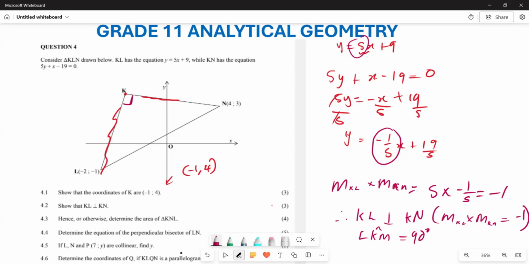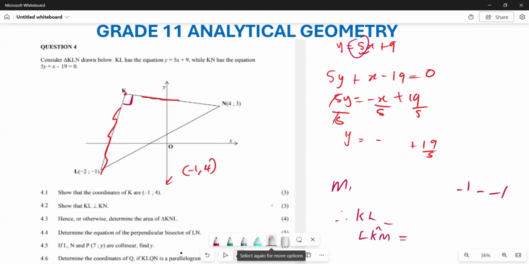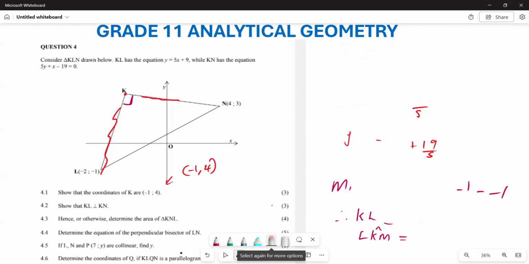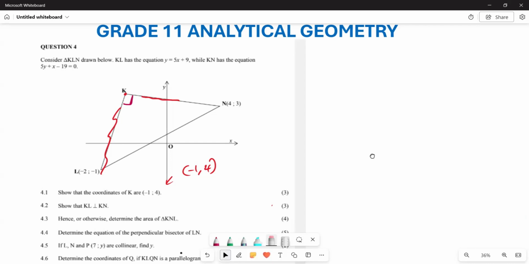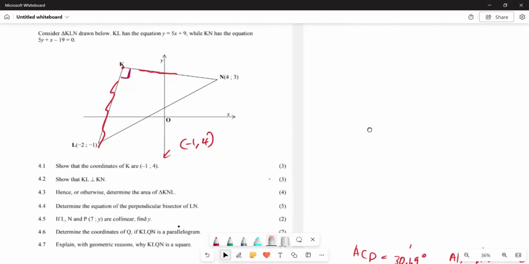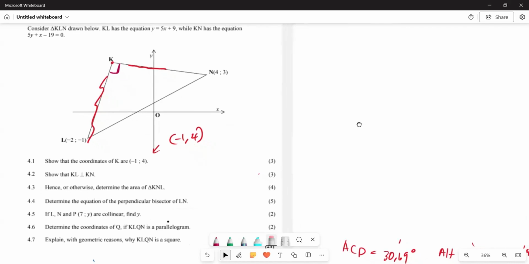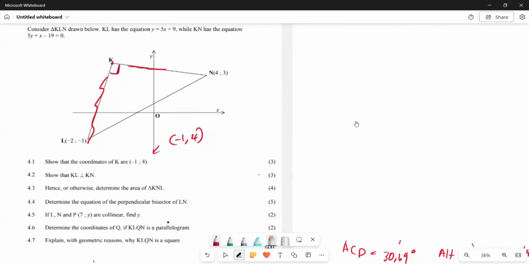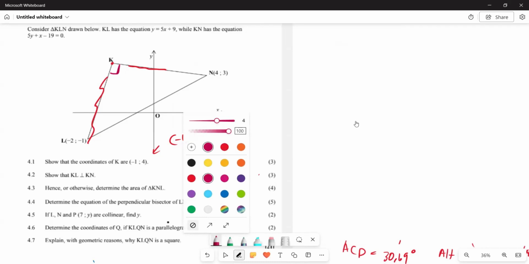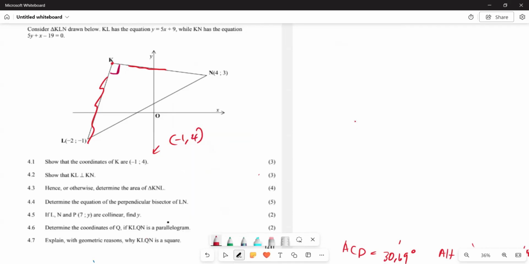Then from here, what is it that you are going to do? Let's just make up our space here so that we can see what else we can do from here. Now let's look at the next question. In the next question, we are saying, hence, determine the area of KNL.